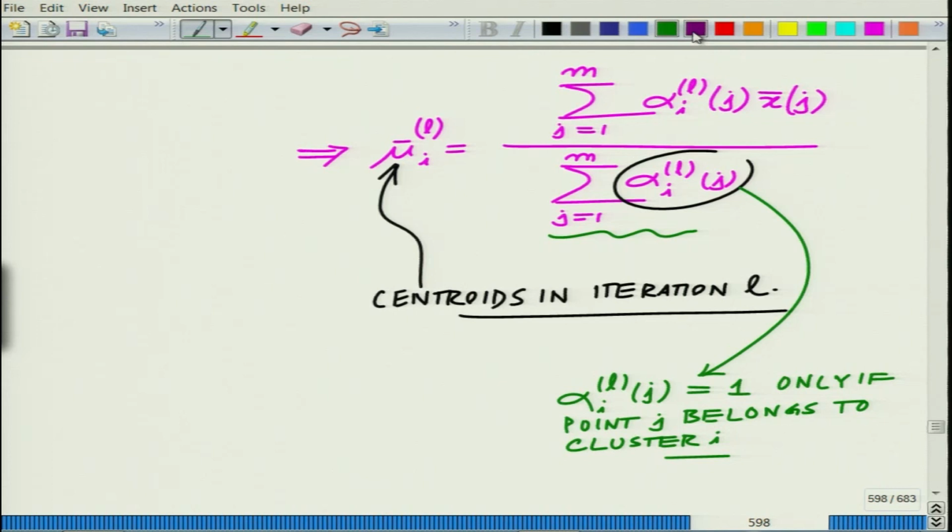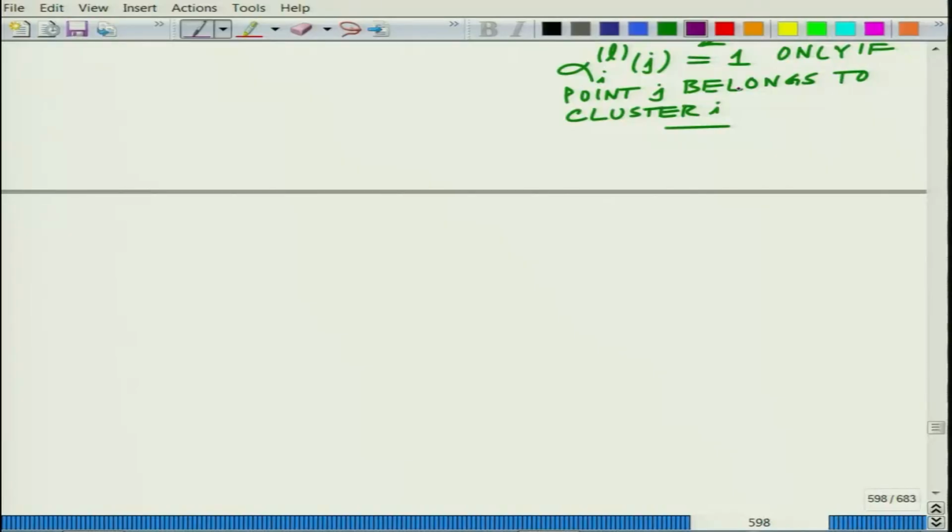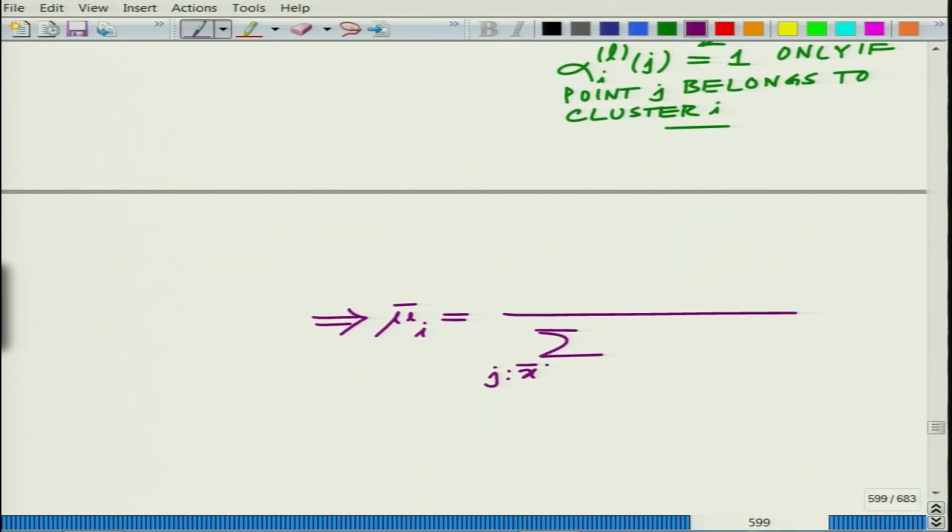What it means is we are going to weigh only those points. So, for each i you are only going to add 1 if j belongs to cluster i. So, this is simply mu bar of i, equal to the summation over all j such that x bar j belongs to this cluster i, you will add a 1, that is, you will add 1 corresponding to all points that belong to cluster i.